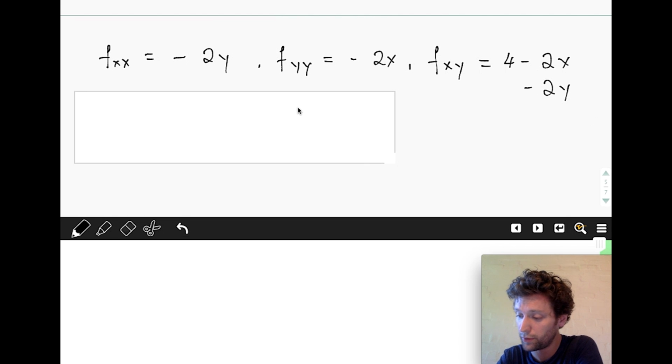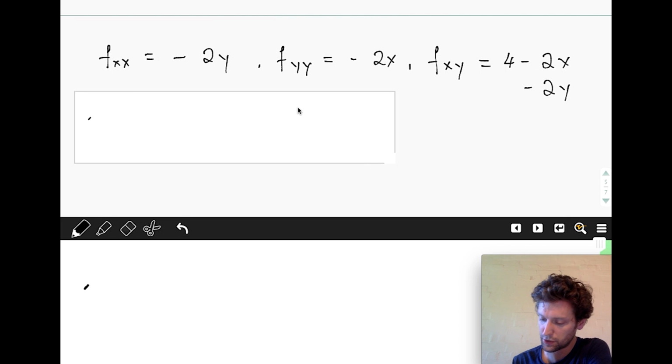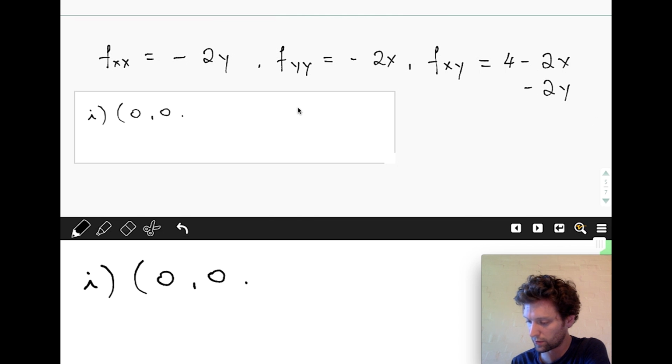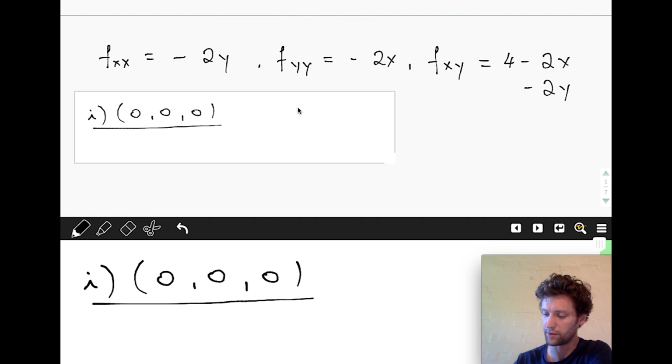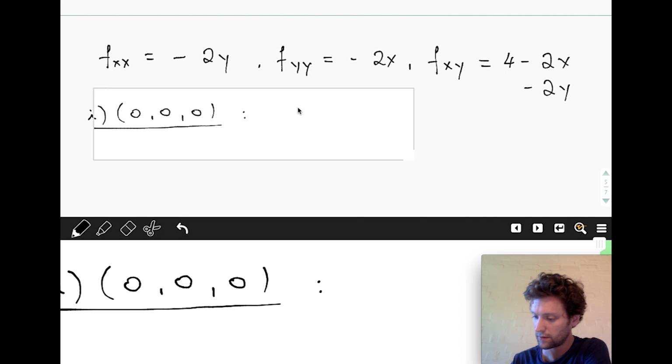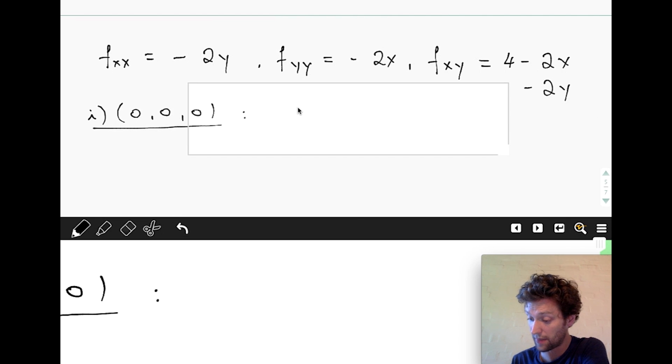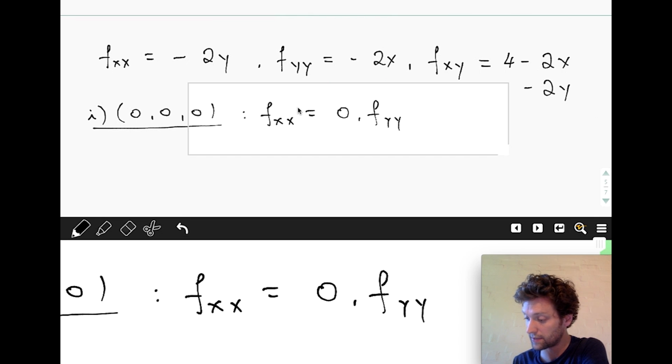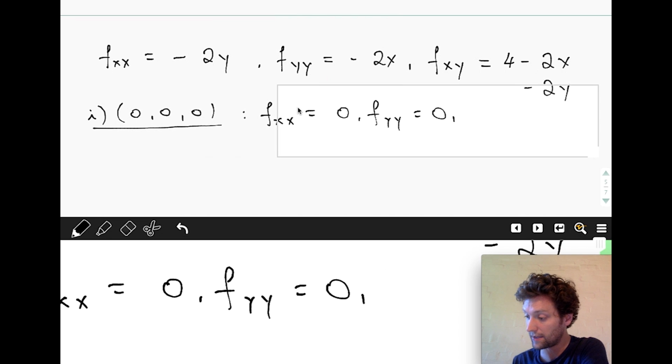Now I need to actually go and put in what each point is. The first point was x is equal to 0, y is equal to 0, f is equal to 0. So let's substitute those in and calculate what my second derivatives are, and then what the function d is. So fxx will be equal to 0, fyy will be equal to 0, and fxy will be equal to 4.